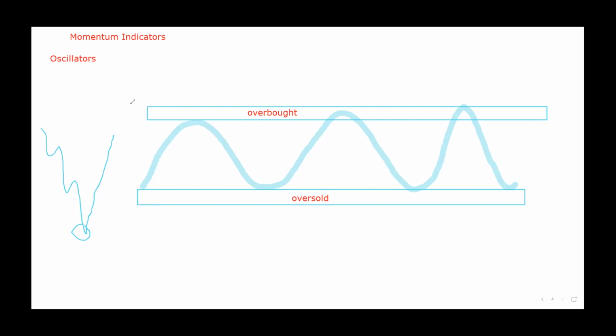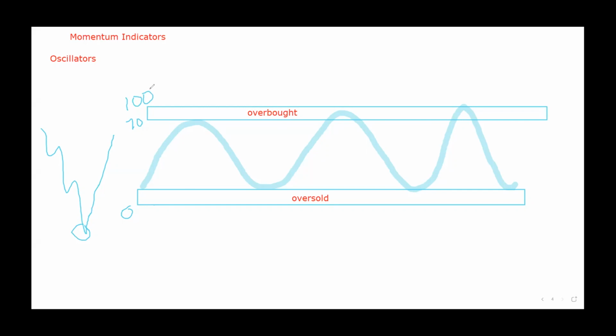So the highest point here is 100, while the lowest is 0. So that means it's moving from 0 to 100. But most of the time, it doesn't really get to the 100. So that's why we need to define our own upper boundary. Some people use between 70 and 100. Some people use between 75 and 100.